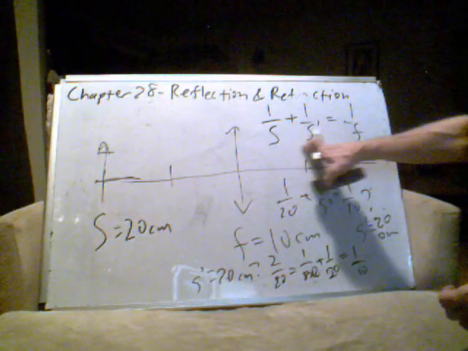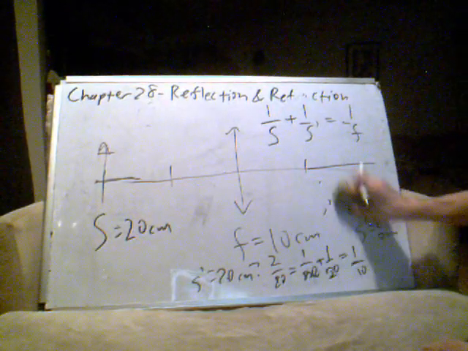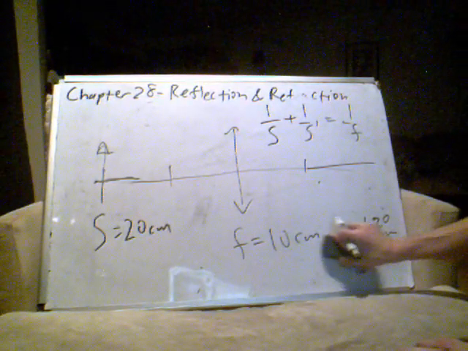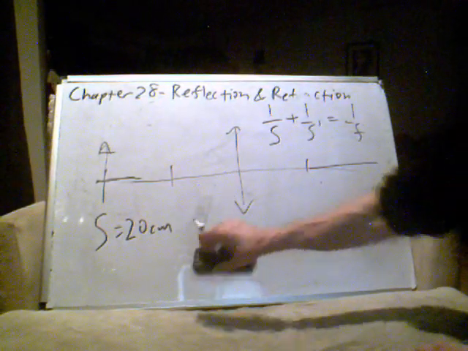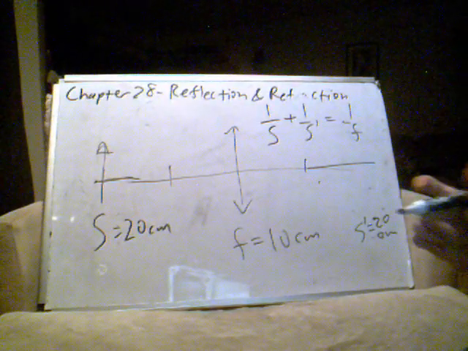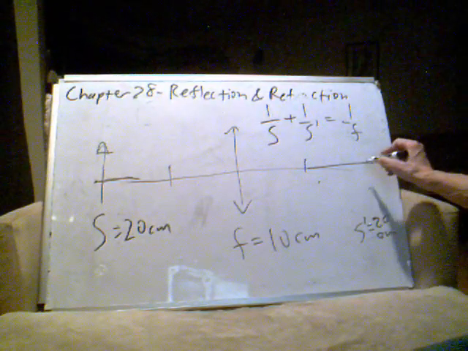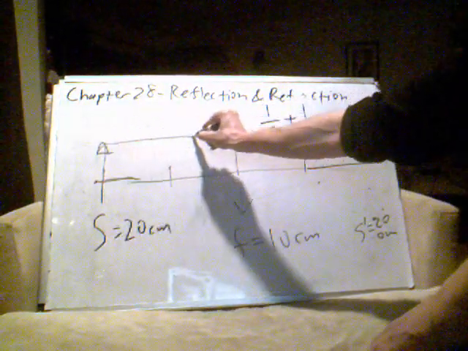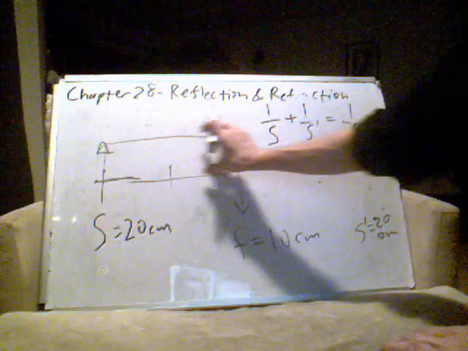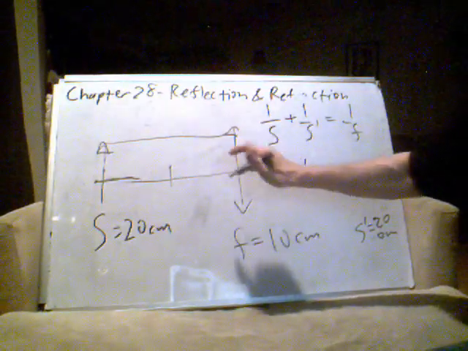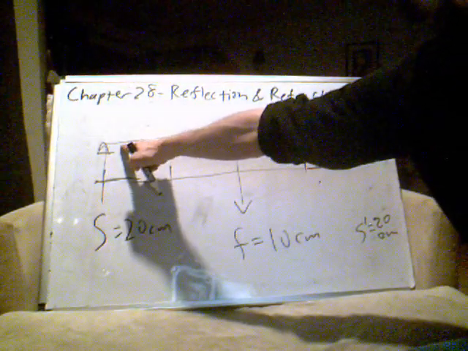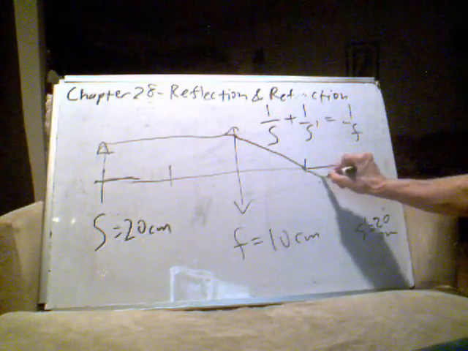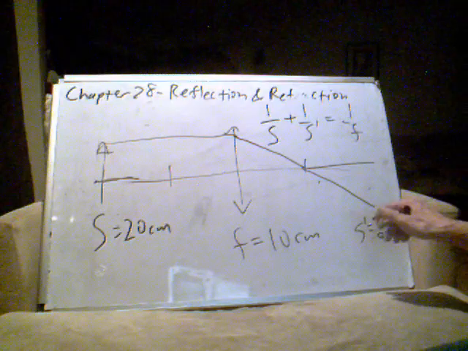You can always solve the math this way. Usually it's not so difficult. I believe you should have a few practice problems in this vein for this chapter. But let me show you how to do this graphically. So if you take the first, what we call principal ray, going parallel along the optical axis from the object, once it hits the lens, it'll go through the focal point and then continue on undeviated.